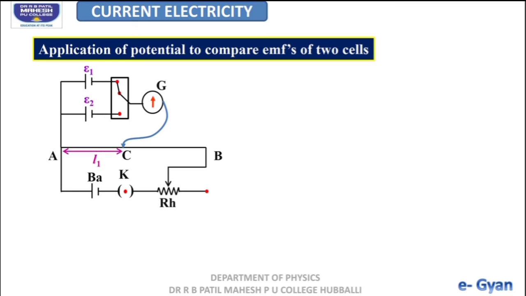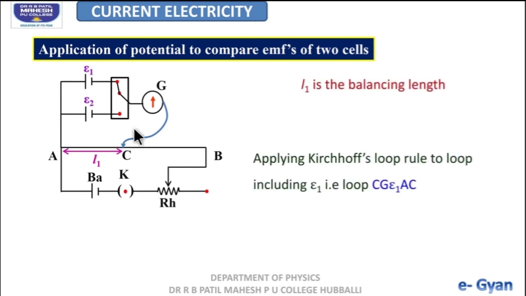Now applying Kirchhoff's loop rule to the loop C G E1 and A C. Here the current is flowing along this direction and the loop is also running along the same direction, hence the potential drop across this length is taken to be negative.